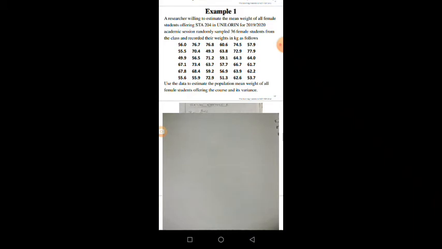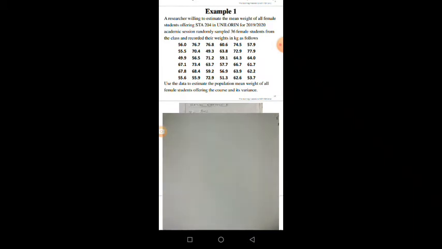Use the data to estimate the population mean weight of all female students offering the course and its variance.